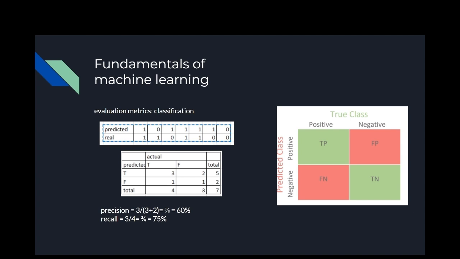Now let's see recall. Before passing to recall, I would like to give a simple concept of precision. We can think about precision as how accurate the predictions of our model are going to be. The higher the precision, the more accurate the predictions of our model are going to be.